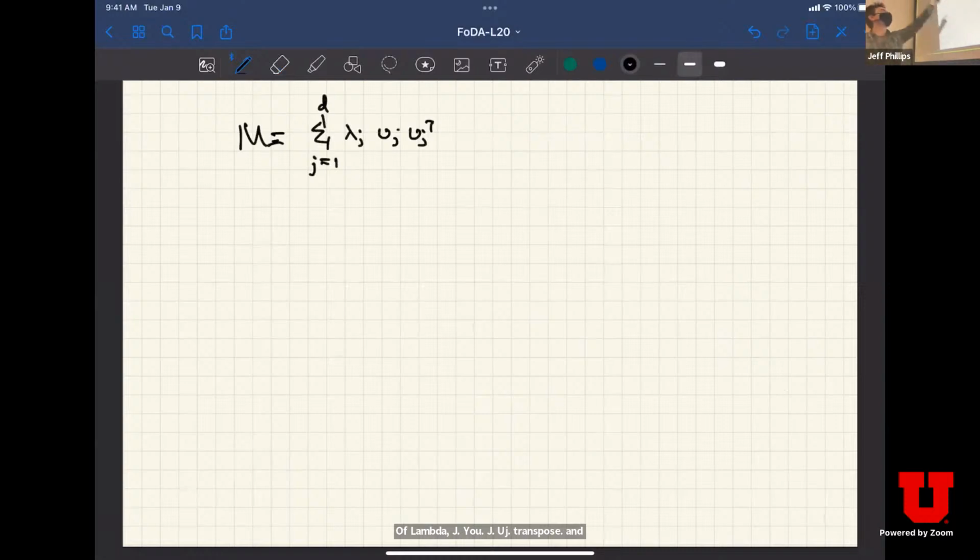Kind of a similar trick to the singular value decomposition, this is just with the eigen-decomposition. And so when I multiply M by V, these are V.